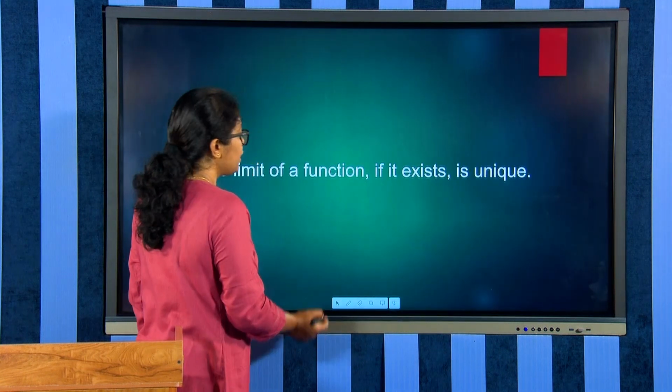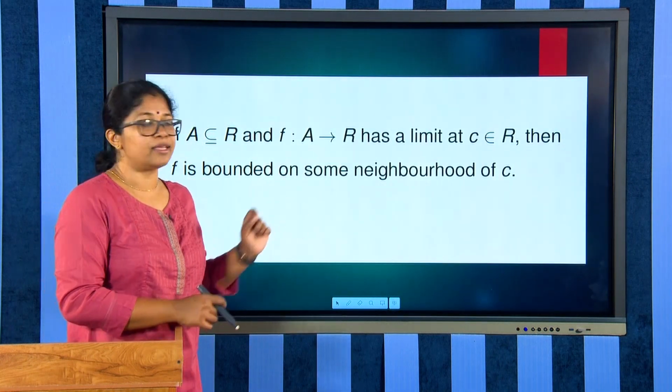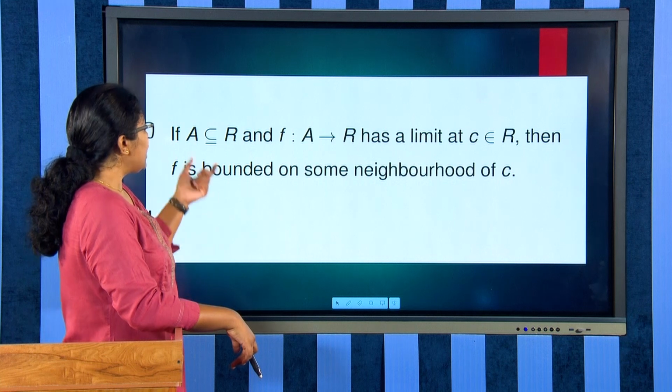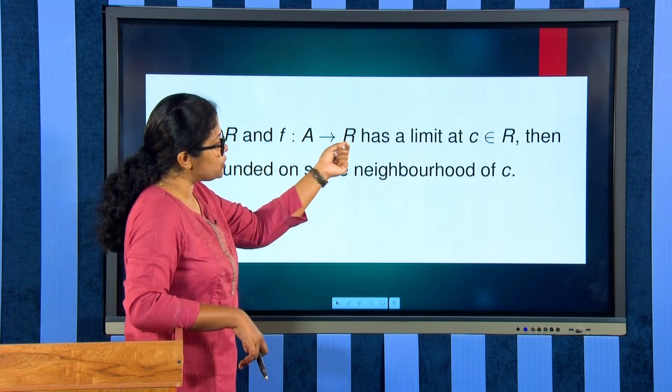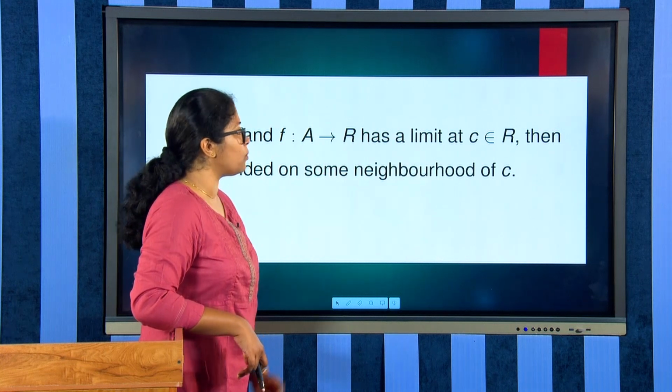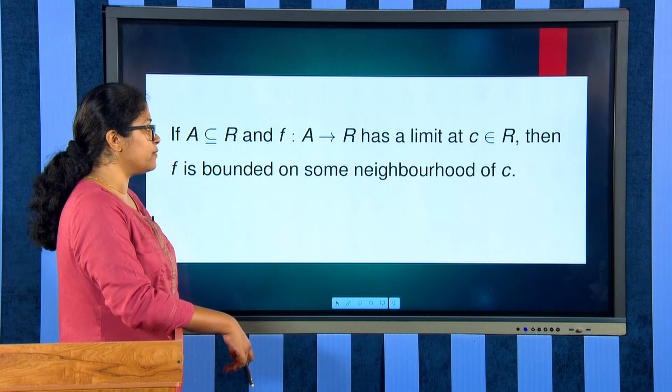Now the next important result that we have in this limit is: if A is a subset of R and f is a function from A to R which has a limit at c belonging to R, then f is bounded on some neighborhood of c.